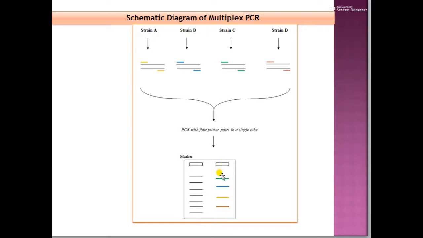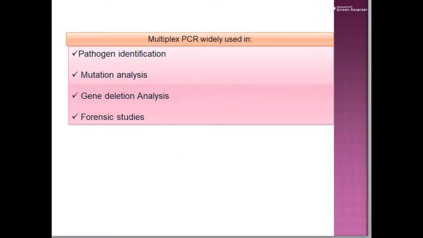That will be strain C. Then if it is the size corresponding to the blue one, it represents strain B. Like that, you can identify which strain it is. So multiplex PCR is normally used for pathogen identification, mutation analysis, gene deletion analysis, as well as in forensic studies.